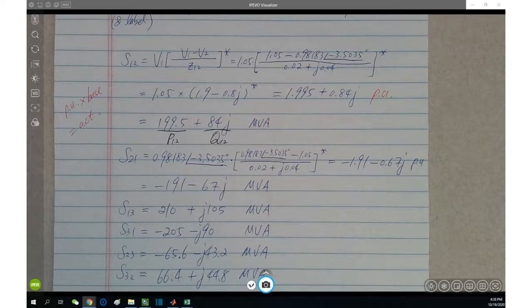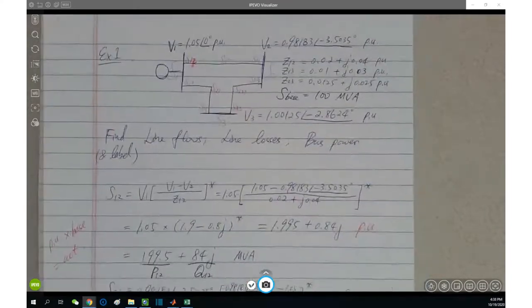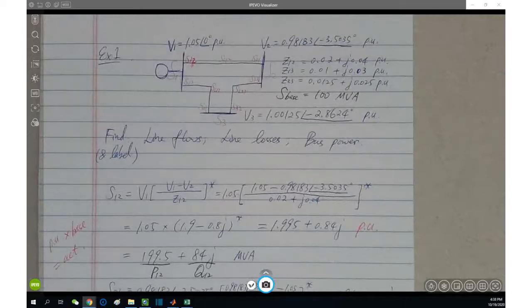Because the rest of the work is very straightforward. You sum each pair up, you end up with 3 line losses, and then the 3 bus powers are also very simple algebra. V3 again, maybe I wrote it down wrong.